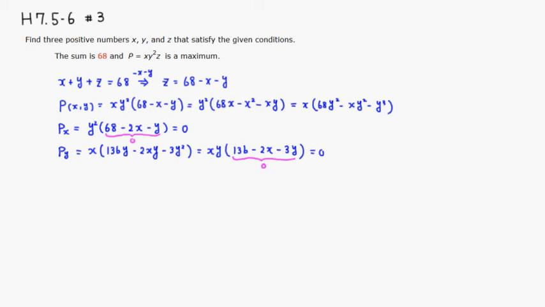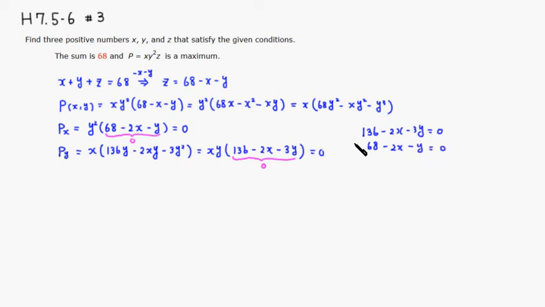So let's solve that. I'm going to just write it here. 136 minus 2x minus 3y equals 0, and I'm going to write 68 minus 2x minus y equals 0.